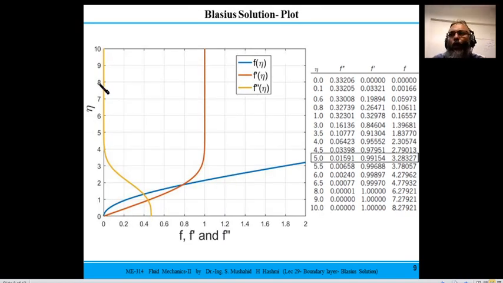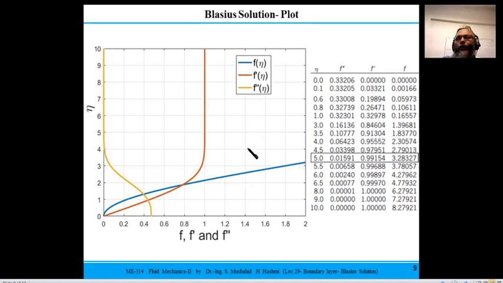And we can plot these series solutions. They are shown in the table here, and here it has been plotted. As we know, your function is increasing from 0 onwards and it is monotonically increasing.